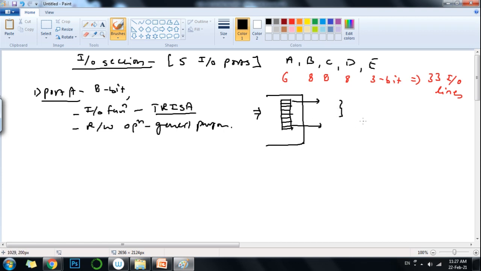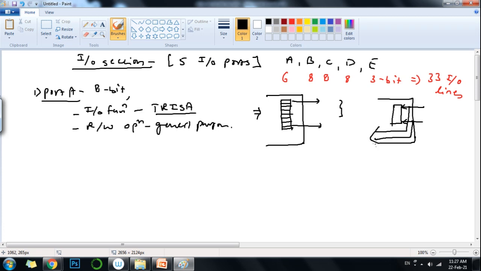But when you want to read the port, actually what is read is not the status of the latch, no doubt this is stored here, but the port pins are read.